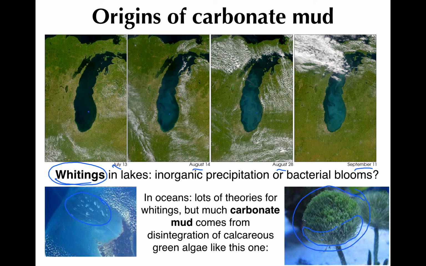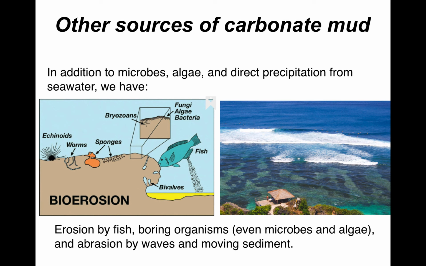As these penicillus grow, they become so encrusted with carbonate that they look like little snowballs on a stick. And then when they die, they release a cloud of that carbonate as mud into the water column. Carbonate mud may also be produced by different types of bioerosion by fish and organisms that burrow or bore into carbonate sediment, or by abrasion of other types of carbonate by waves and currents.